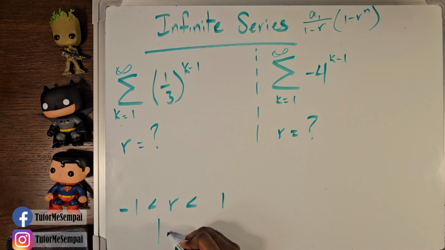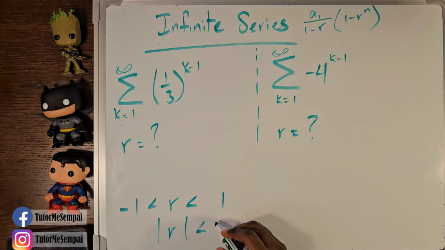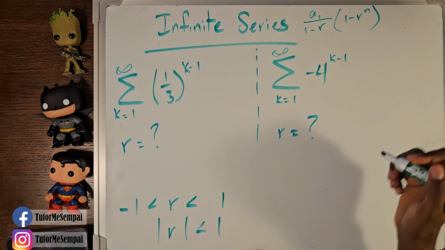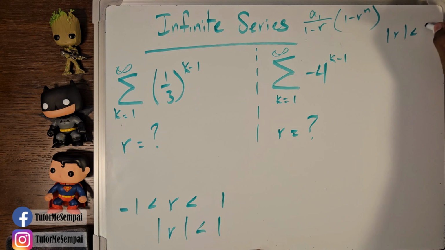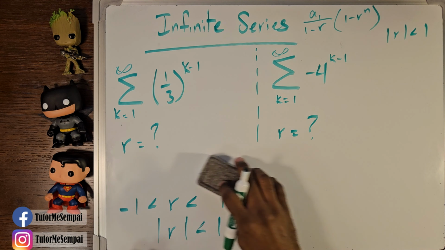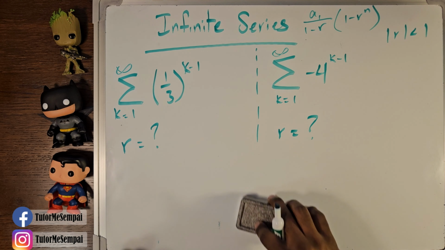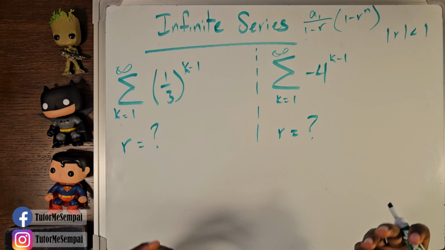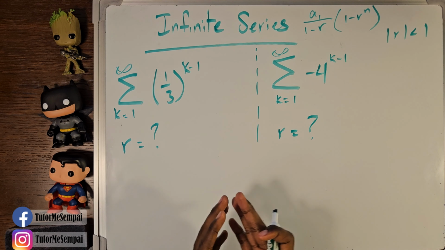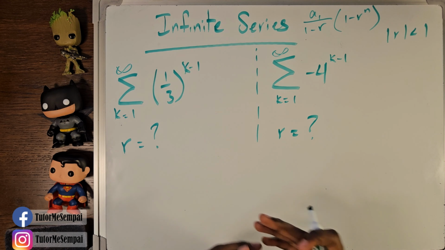So pretty much if your absolute value of r is going to be less than 1, so I'm going to put that right up here. If we know this, then we can determine at a glance which series is going to give us something that we can evaluate and which one is not. We can tell which one converges and which one diverges.